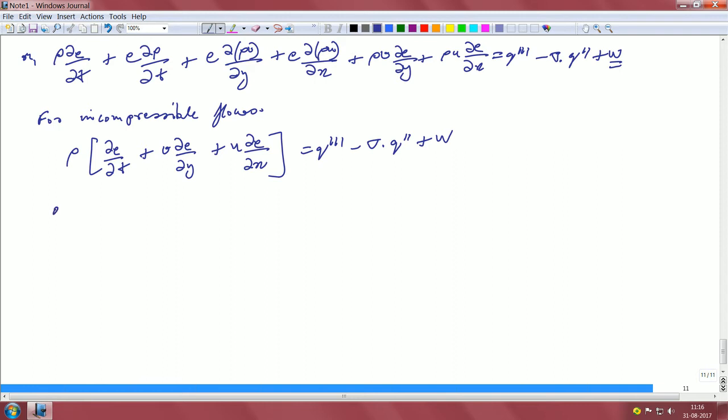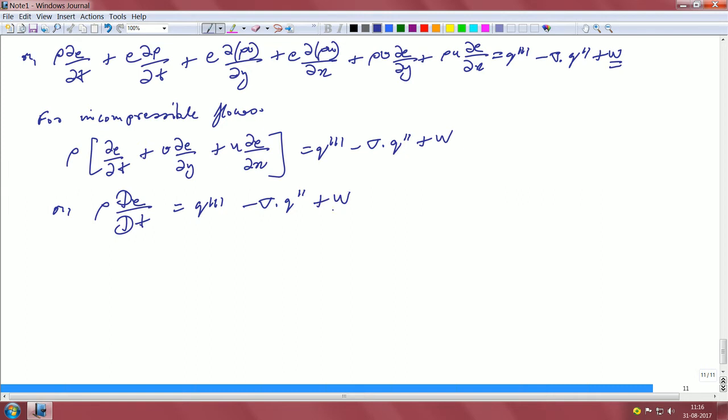Or you can write it in a more compact form, plus W.